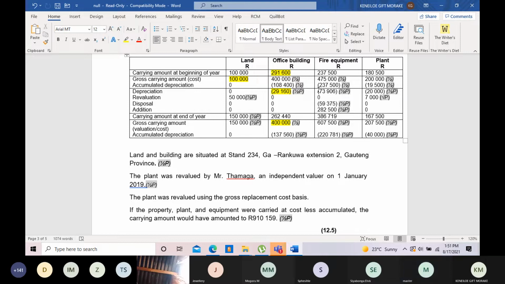Okay, so now I'm trying to get that 90,000, that one below there. But the simple way to get this, tell me how much you get if you say the accumulated depreciation at the beginning plus the depreciation, which is 73,906.